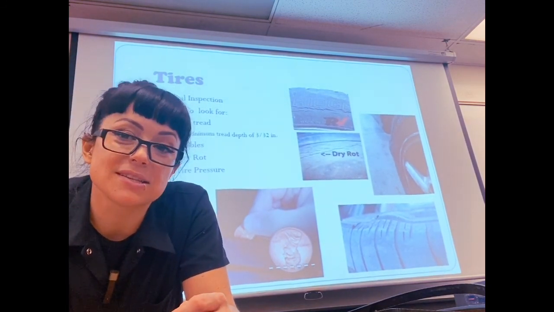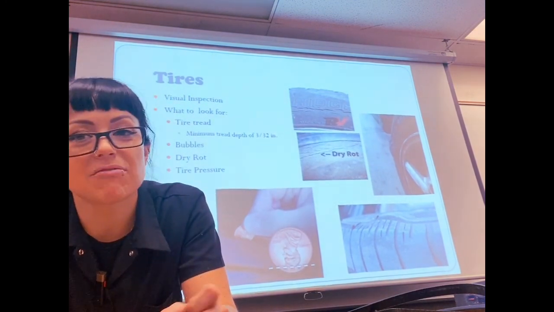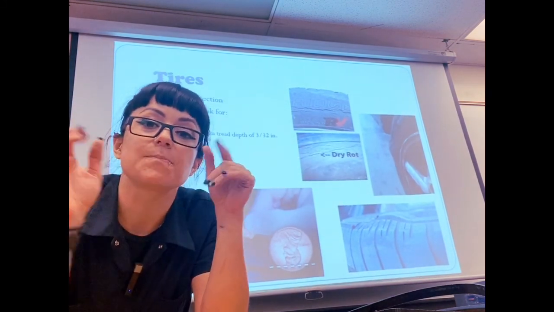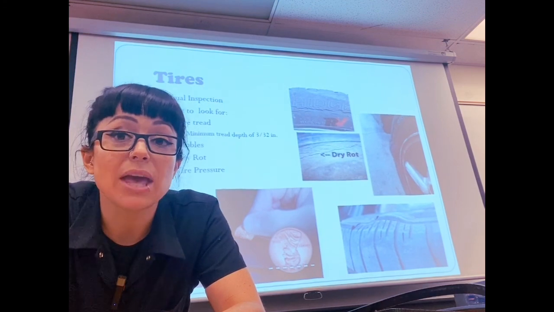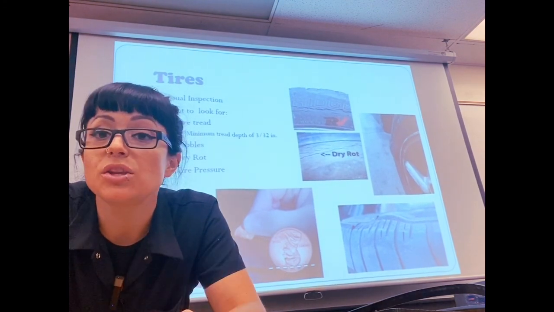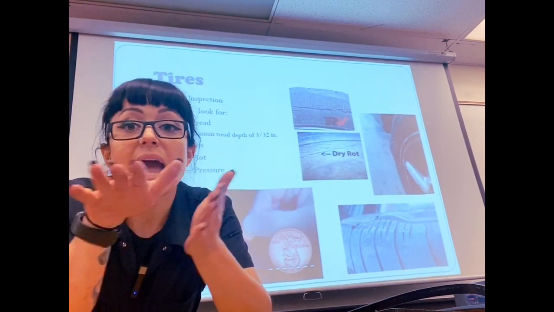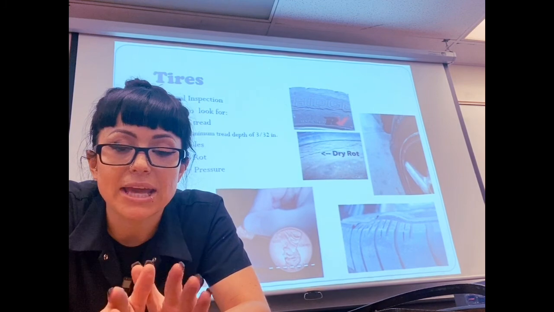You could run racing slicks wherever you go, but that's not the case. You're going to go through puddles, we're going to get rainy days, and you're going to need tire tread to help dissipate the water. Well, when that tire tread starts to wear out, that's how you get what we call hydroplane. When you go over water and that water stays underneath that tire, now I have no traction on the road and I crash. That's bad, right?